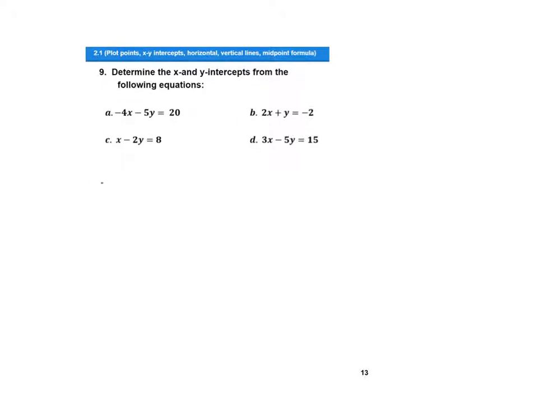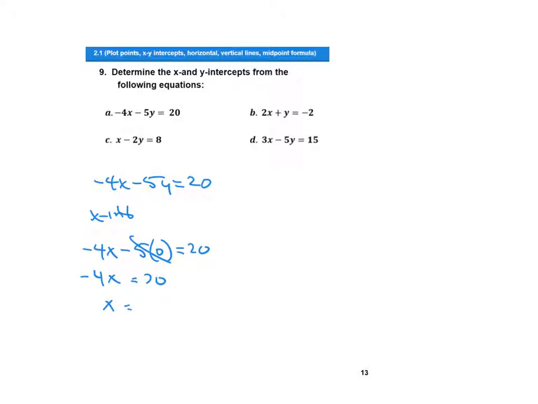Let's look at a few more. So negative 4x minus 5y equals 20. So if I want my x-intercept, I'm going to take negative 4x minus 5 times 0 equals 20. So negative 4x equals 20, and x, so divide both sides by negative 4, and you're going to get 20 divided by negative 4, which is negative 5. So (negative 5, 0).